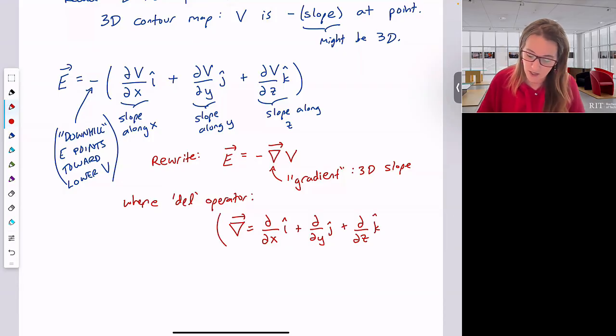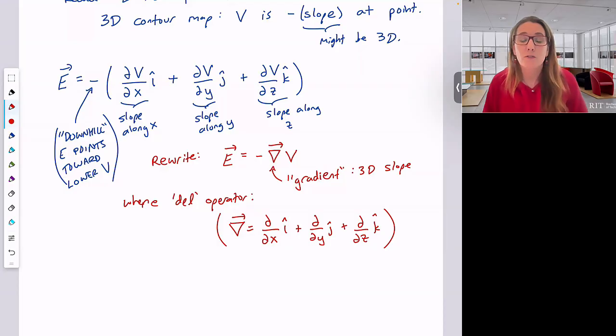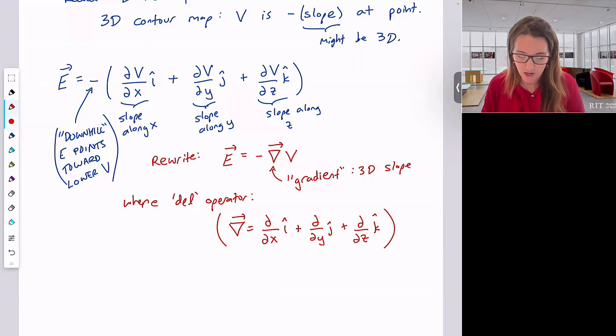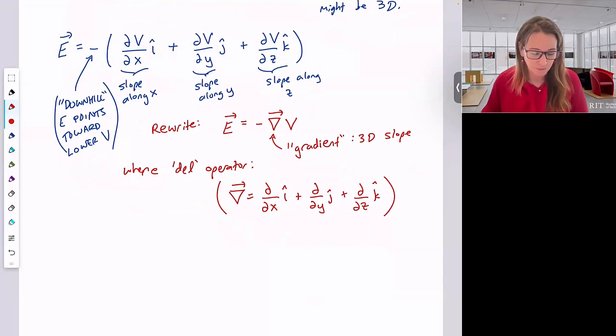So that's the del operator. When it's applied to a potential, that gives us the slope of the potential, and that allows us to end up with a vector from a scalar. So we're taking our scalar energies or heights and visualizing our downward fields from that.